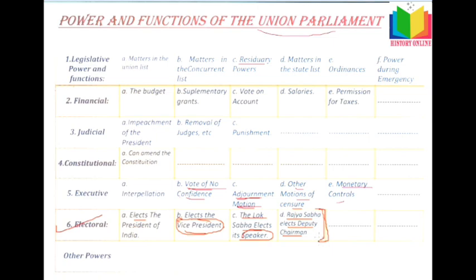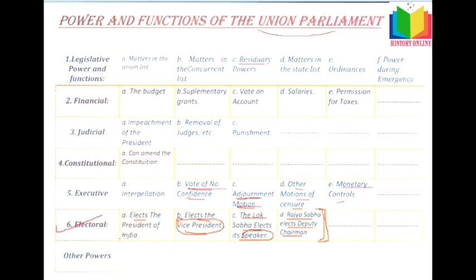So these are some powers and functions of Union Parliament, which we divide into 6 main points. There are other powers of Indian Parliament, like the Parliament may alter the name or boundary of the state if needed.